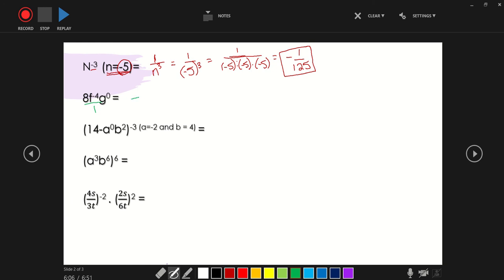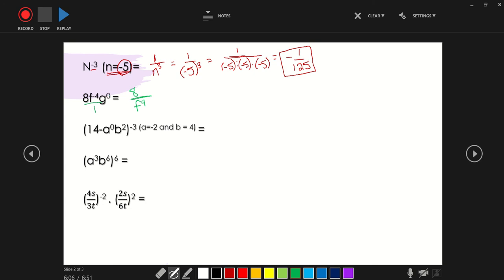So remember, we start out with our fraction bar here, and we look at each term. We're going to look at 8 first. 8 itself is over 1, so it's positive, so it's going to stay on the top. F to the -4th, that's a negative exponent like what we saw here, which means it gets turned into a fraction. So f to the -4th moves to the denominator and becomes f to the 4th.